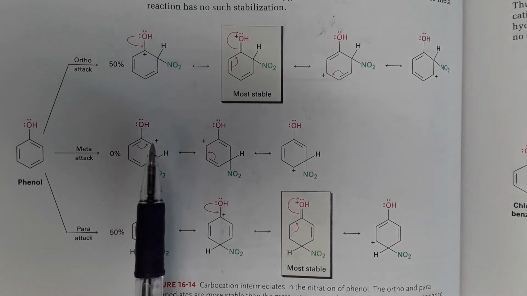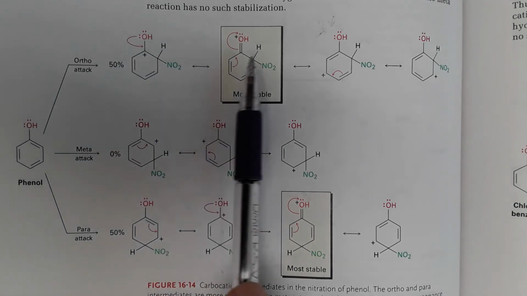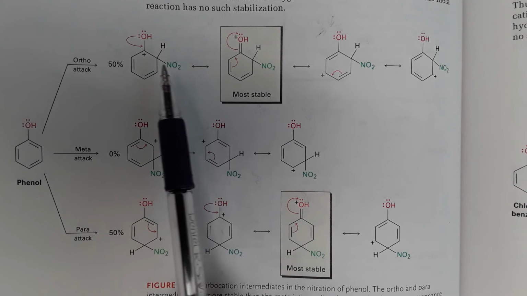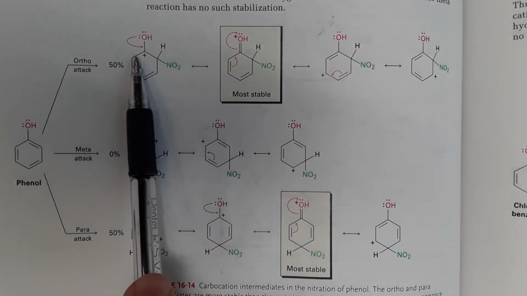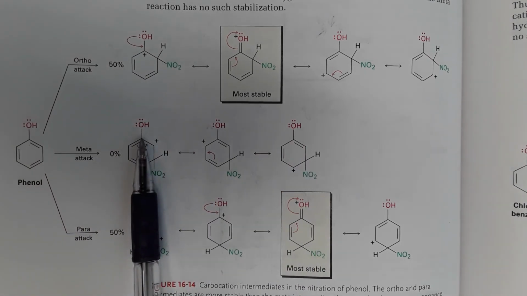And so you should make sure, I've talked through this very quickly, you should look at these resonance structures and understand why there are four resonance structures when it has added ortho and para, and why there's only three when it adds meta.